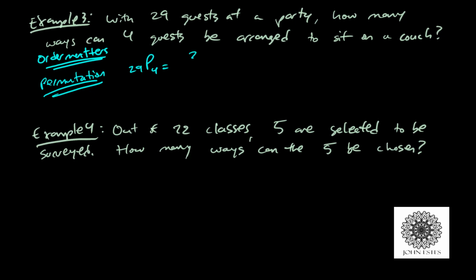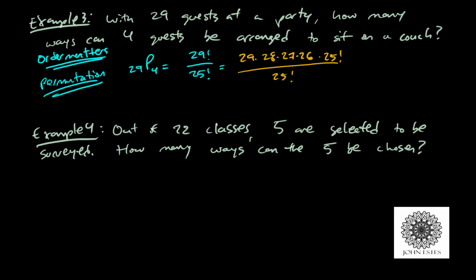which is by the formula, 29 factorial over 29 minus 4, which is 25 factorial. Now again, if you just plug that into a calculator, you're going to be frustrated because these are very large numbers. 29 factorial means 29 times 28 times 27, and so on, times 25 times 24 times 23.